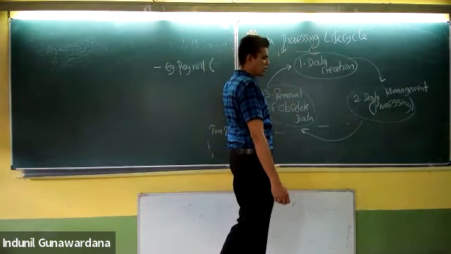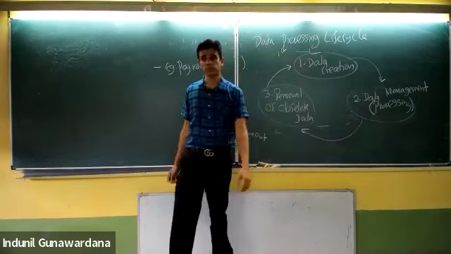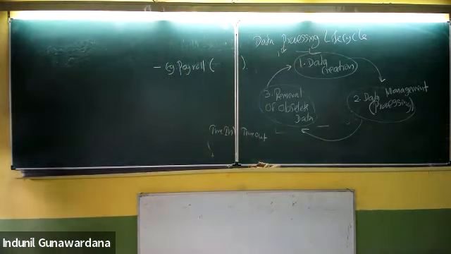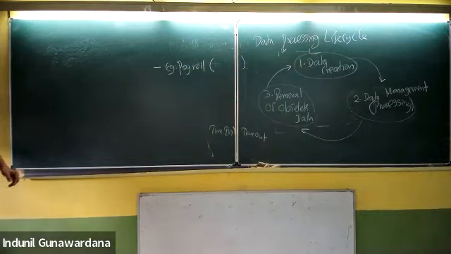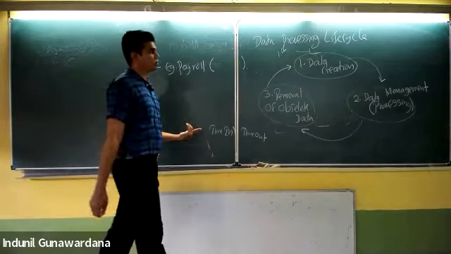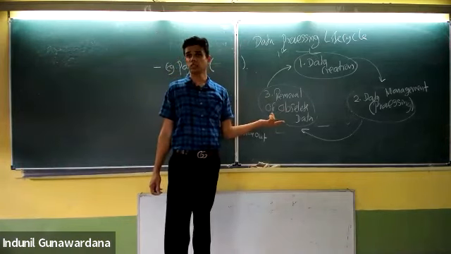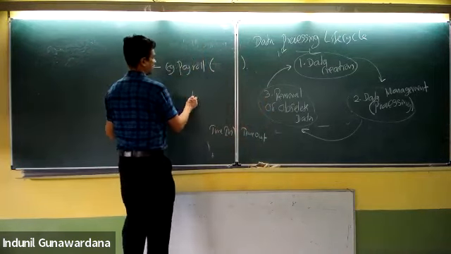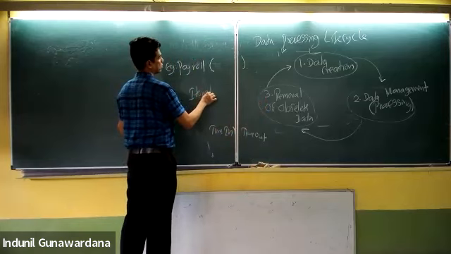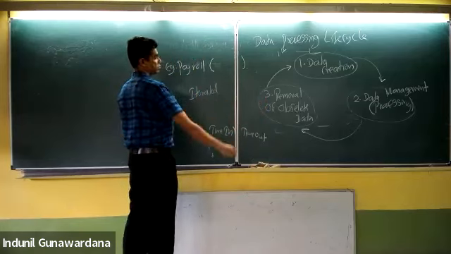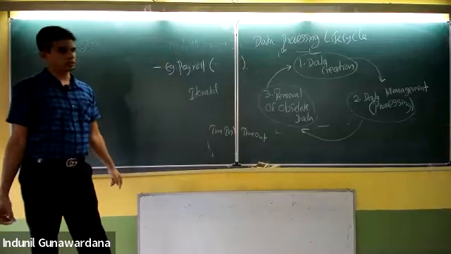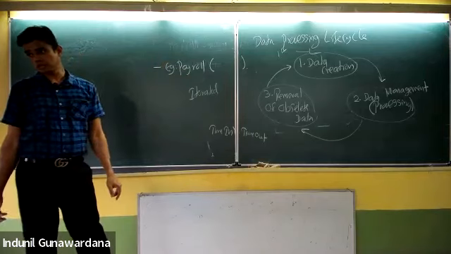The data processing life cycle for the payroll system is iterated once in a month. One time per month. That's about data processing life cycle.